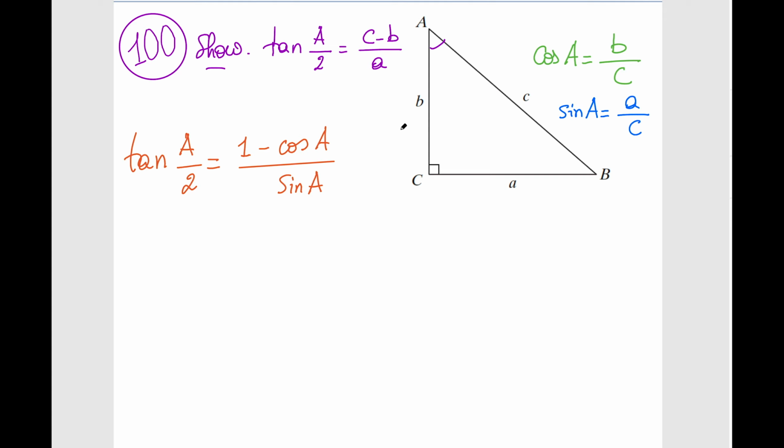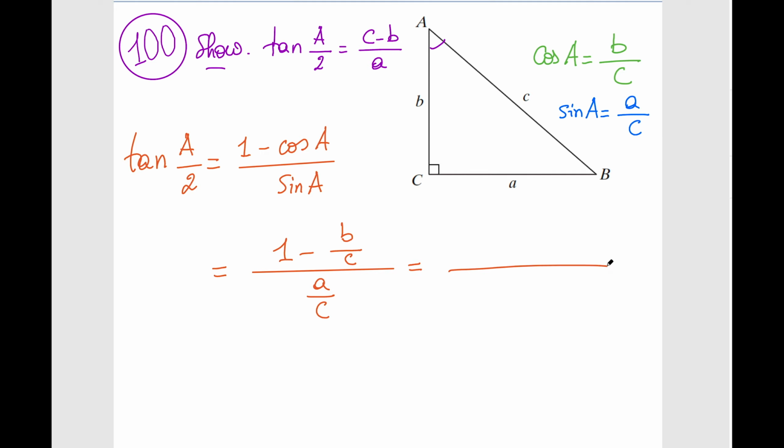So as such, what do we get here? This is then equal to the quotient 1 minus cosine of A. And what's cosine of A? b over c, divided by sine of A, which we just found to be little a over little c. Okay? All right. This is okay as an answer, but the problem is they told us to show that this is equal to this, so we need to do some aesthetics.